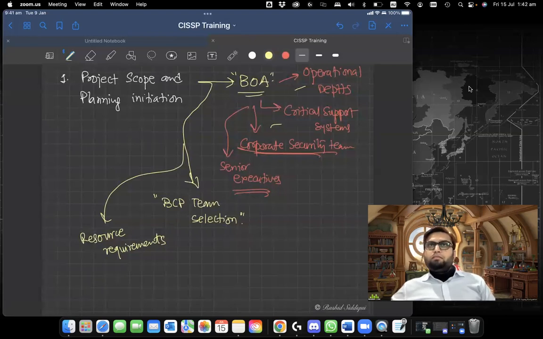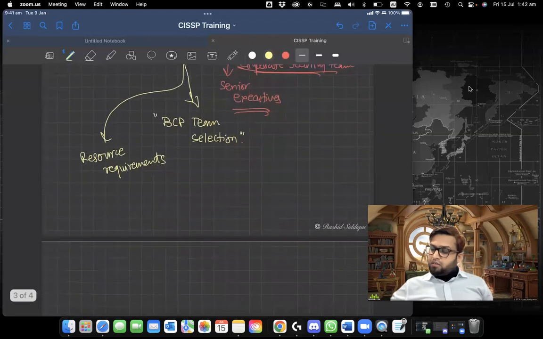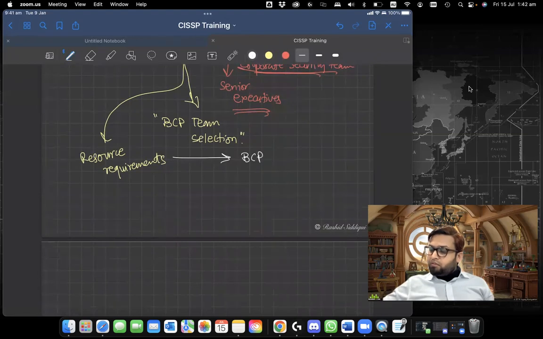Those kinds of requirements will also be taken into consideration. So when we think of resource requirements, there are three things we should always keep in mind. One is the BCP development itself, which will need some resourcing.